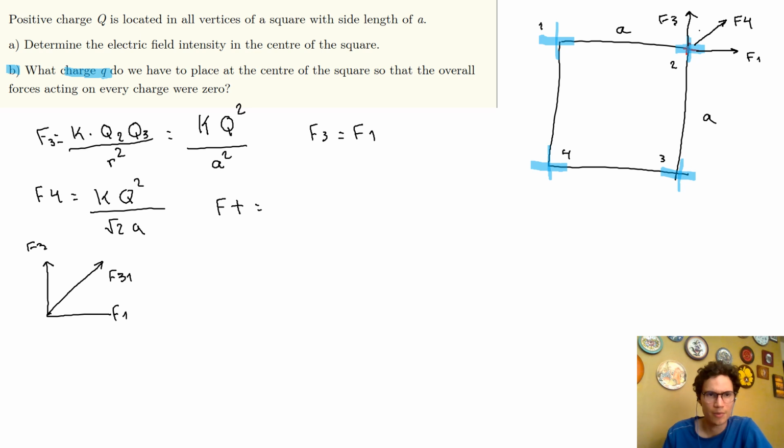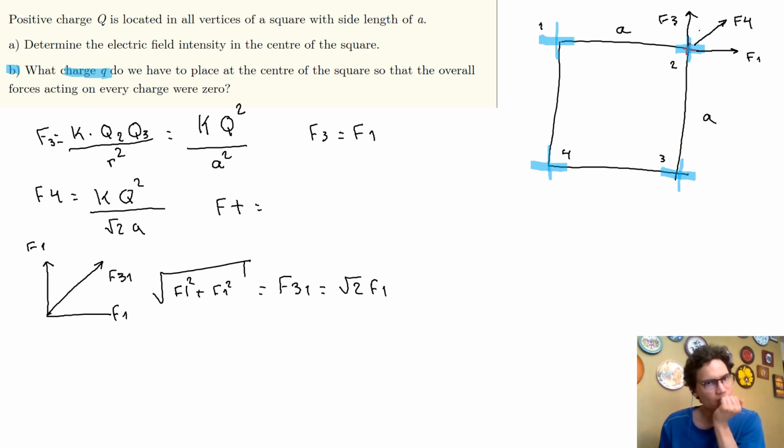And the resultant using the Pythagorean theorem will be, well, we can represent this in an easier way because we know that F3 is equal to F1. We can represent this as F1 plus F1. So using the Pythagorean theorem, we got that the square root of F1 squared plus F1 squared is equal to F31, and that is square root of 2 times F1.